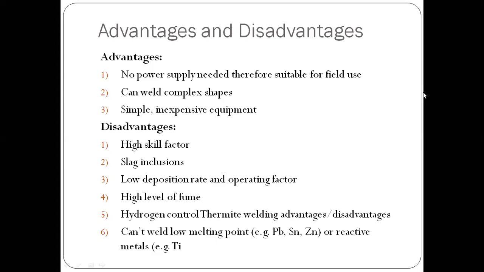Slag is formed when some flux material reacts with oxygen. Since this is similar to the casting process, where molten metal gets deposited into some cavity, chances of slag inclusion are also there, because slag inclusion, if you remember, we have studied as a casting defect, right?